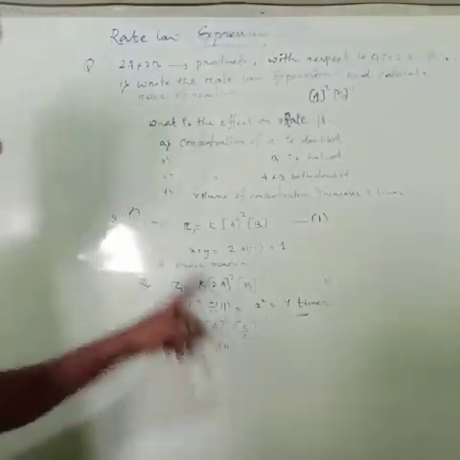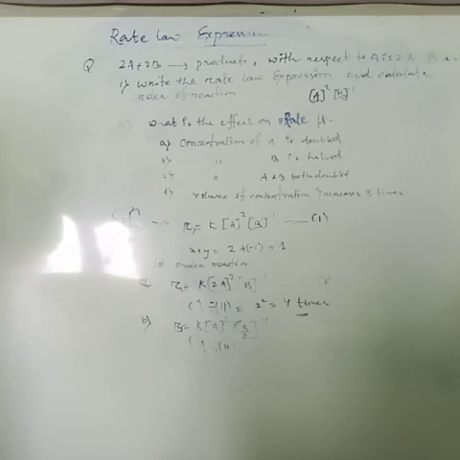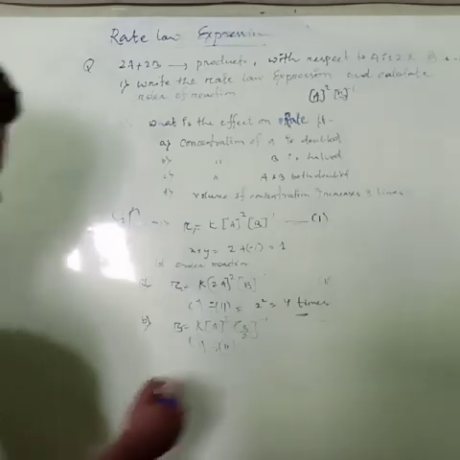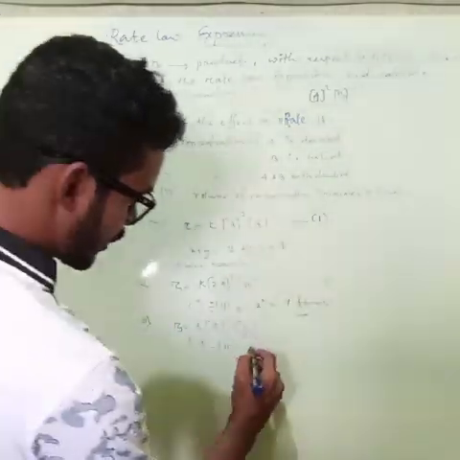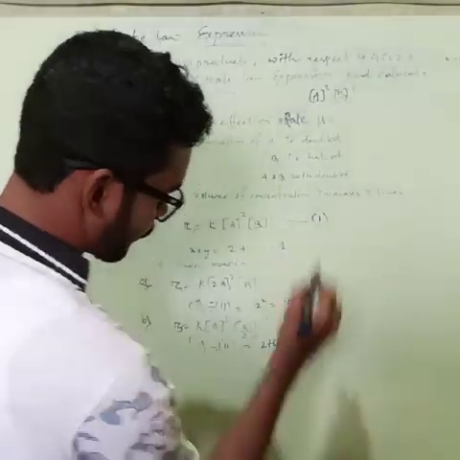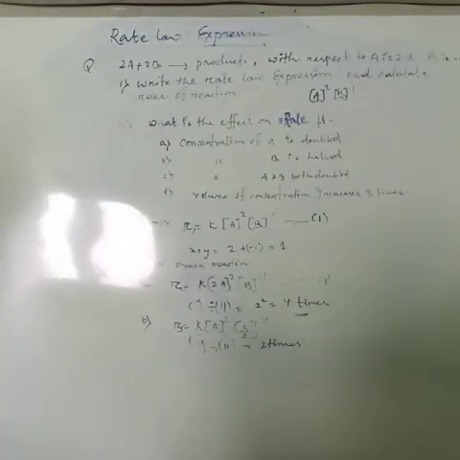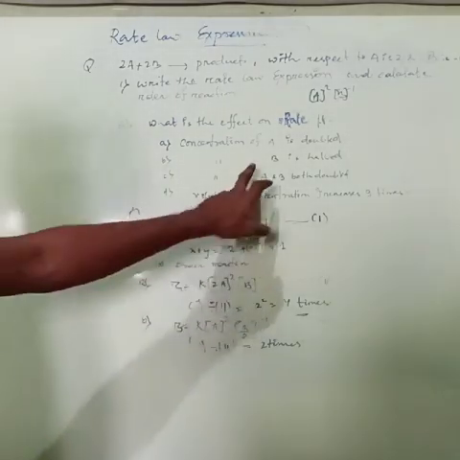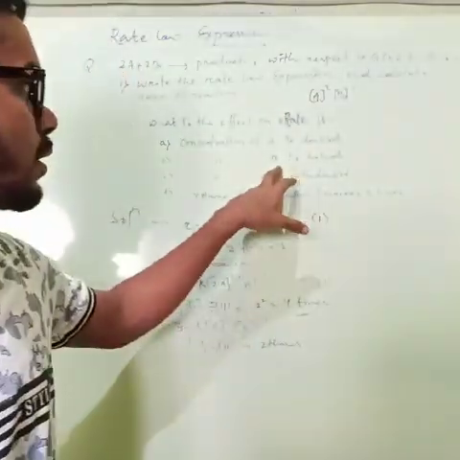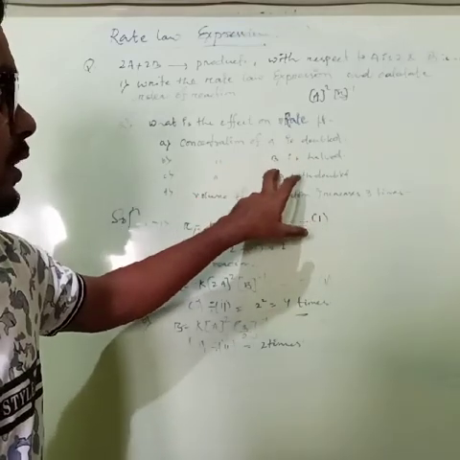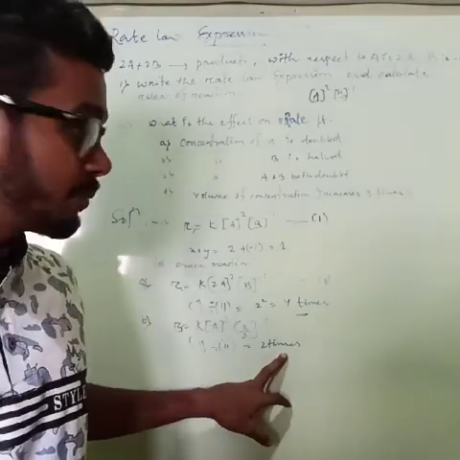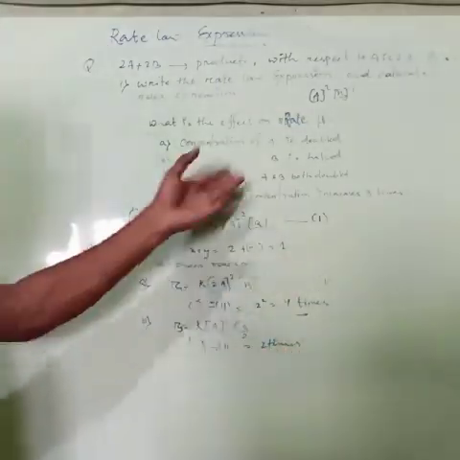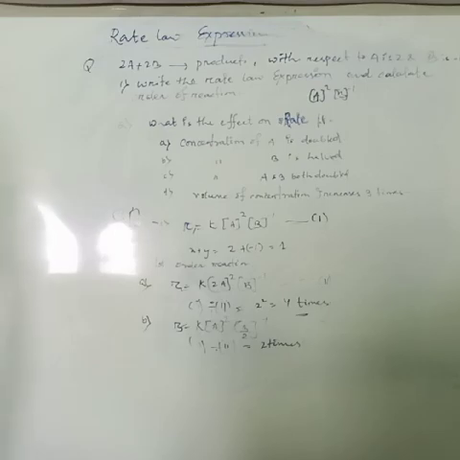R1 by R3. How many times will the rate change? From here you can know that B cancels, half, 2 will go up, that is 2 times. That means if you reduce the concentration of B to half, the rate of reaction increases 2 times. Likewise, you can do questions C and D.